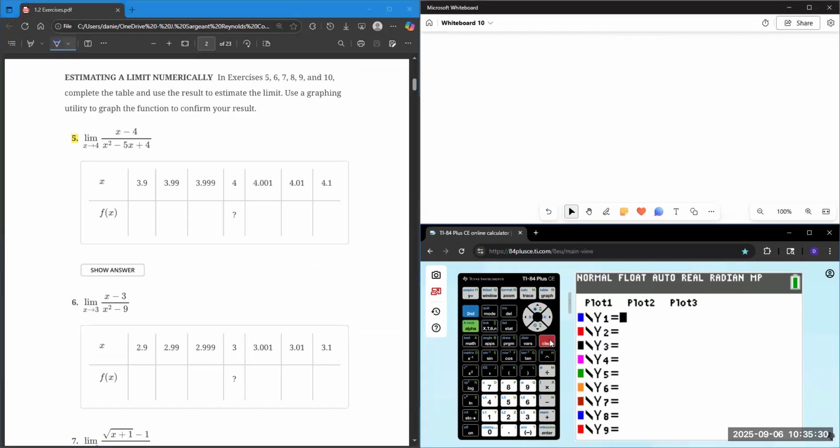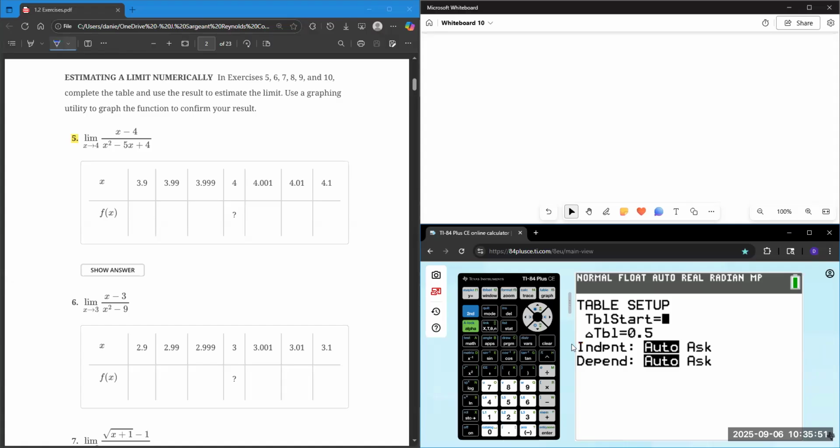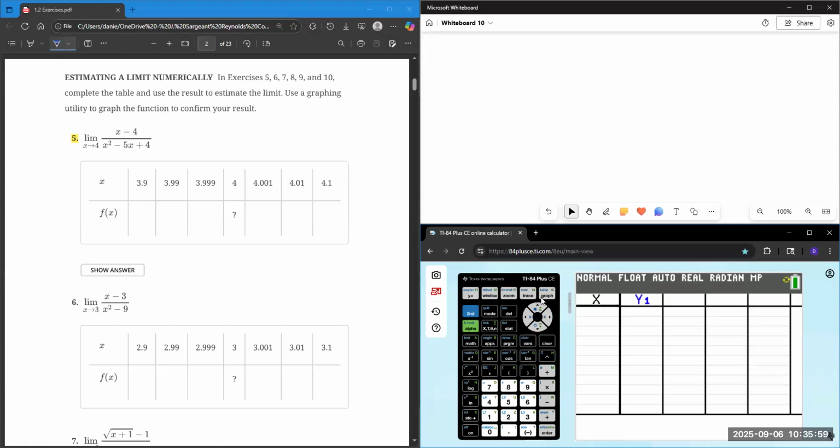So I'm going to have x minus 4 in my numerator divided by, in my denominator, x squared minus 5x plus 4. Table settings, I want this to be on ask for my independent x values. Go to my table, and I want to see what happens at 3.9.